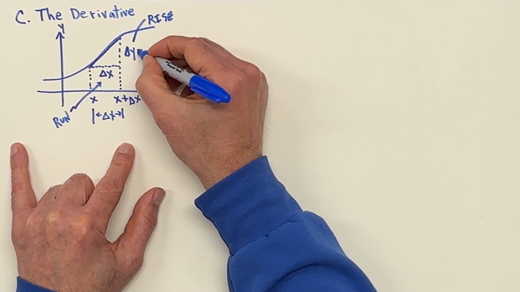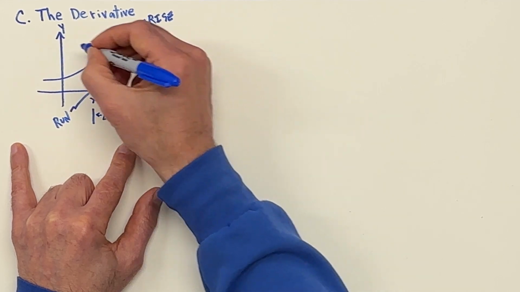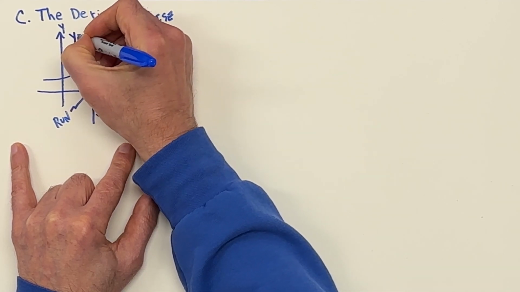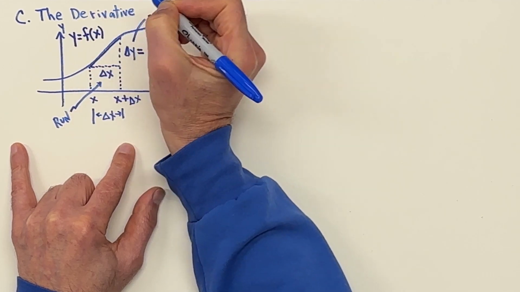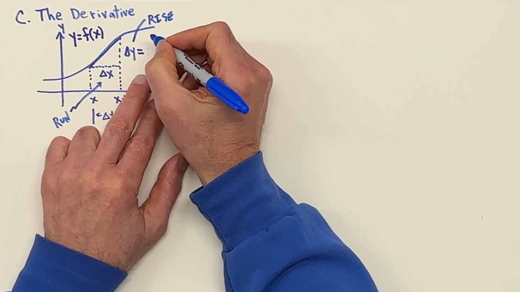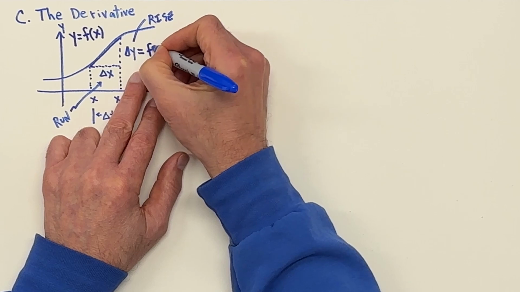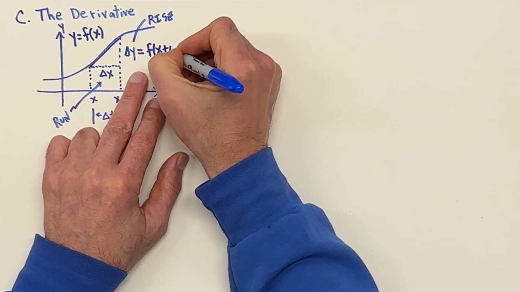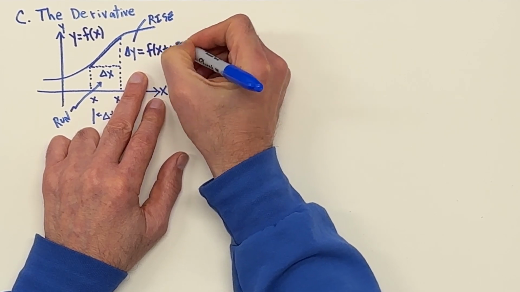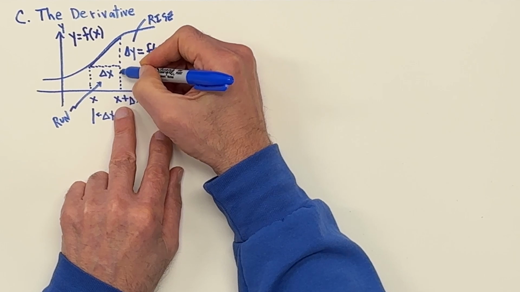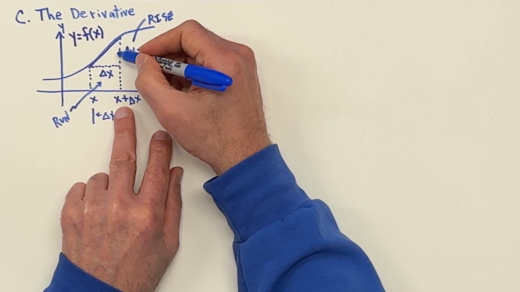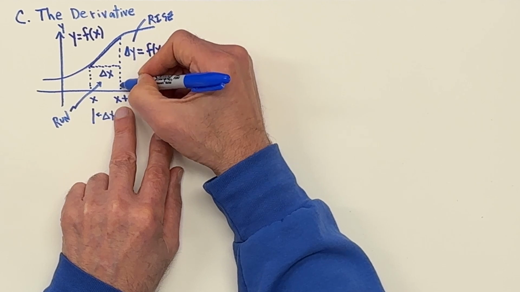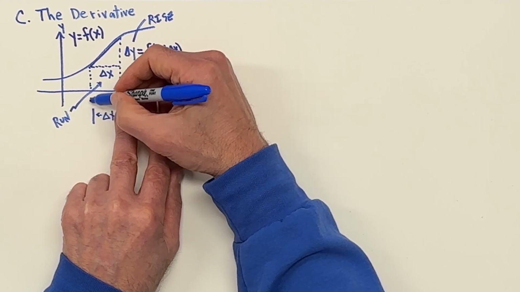Now this delta y, we can write this as, if we're going to write the function in general the usual way, like this, f of x, it's tradition to do that, then this would be f of x plus delta x. That would be taking you all the way up to the top, and then you would be subtracting this part here, which is the f of x.